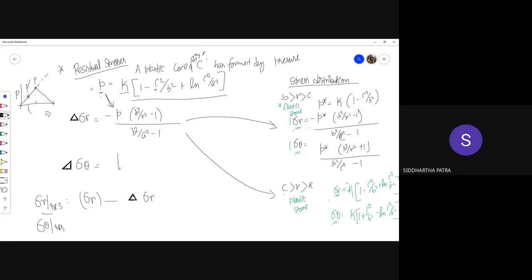So the expression for the unloading sigma theta would be this quantity, as if you are loading or unloading that entire pressure, which took us from 0 to p prime, and then over here where you have a plastic core and an elastic shell.